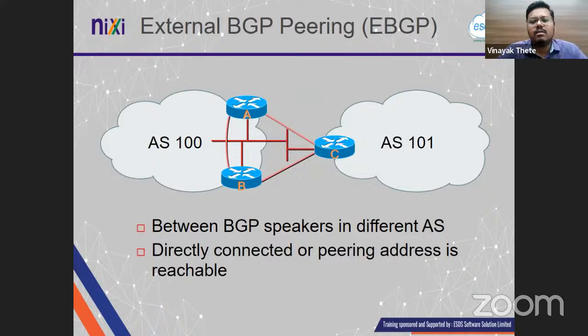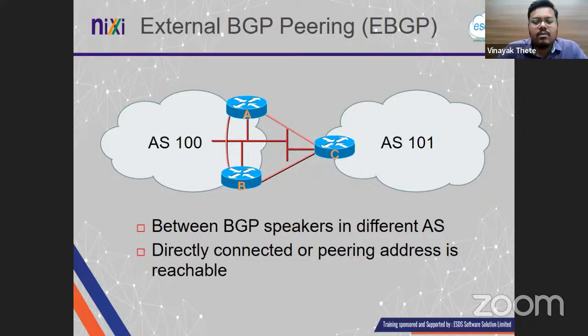The difference between eBGP and IBGP: both are terms used for the same routing protocol, BGP. In theoretical terms, the main difference is that IBGP runs between two BGP routers within the same AS number, and eBGP works between two different autonomous systems.